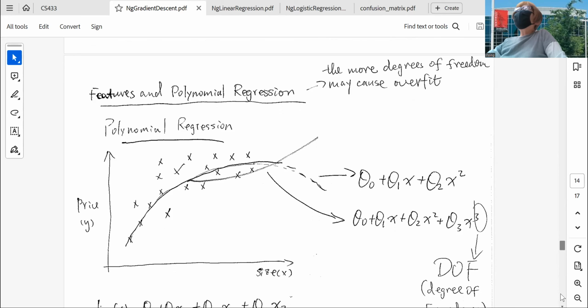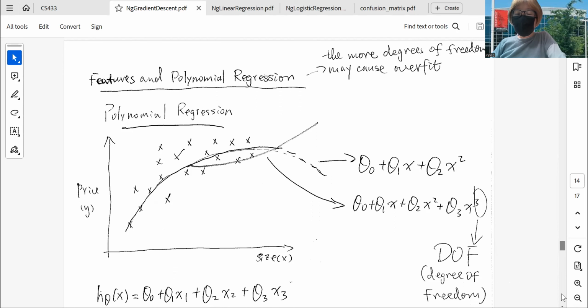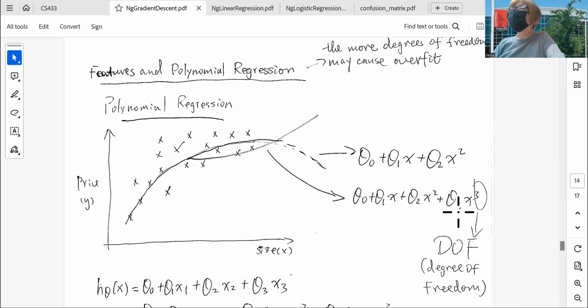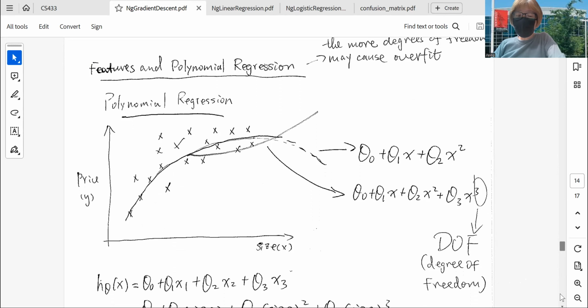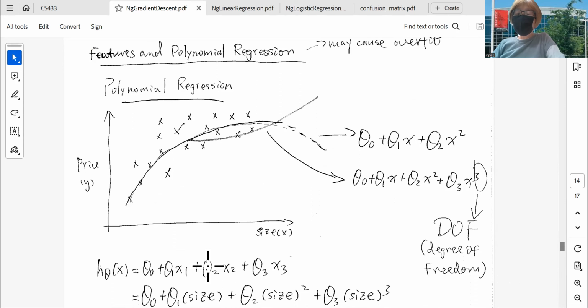And polynomial regression. So basically you can convert this polynomial regression to linear because you can replace, like, the quadratic and the cubic to what? To a different feature.